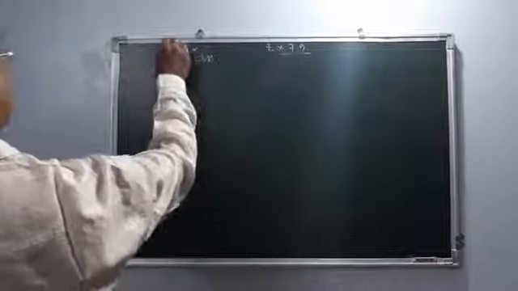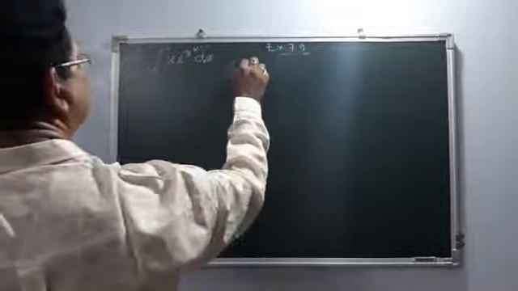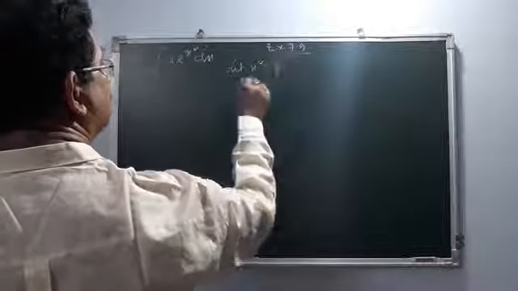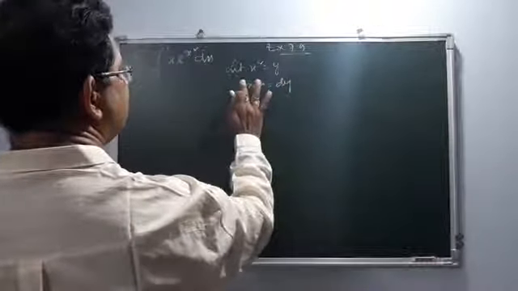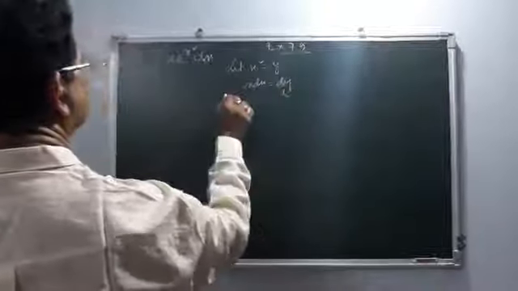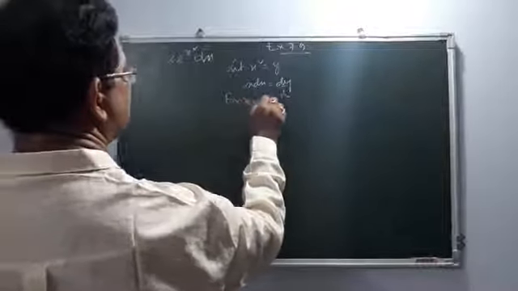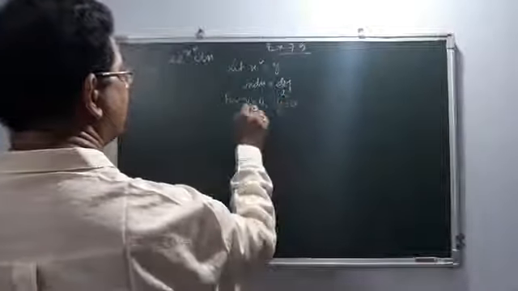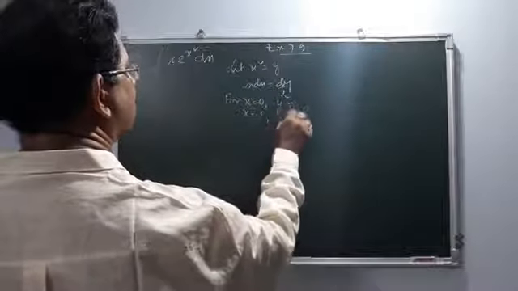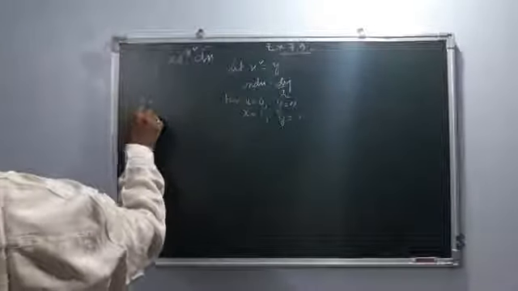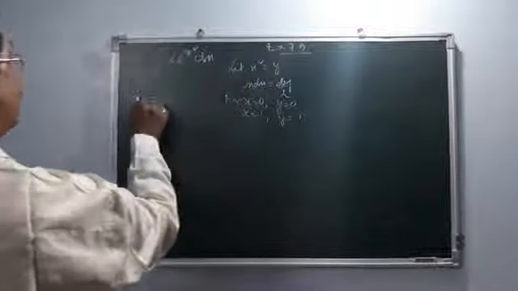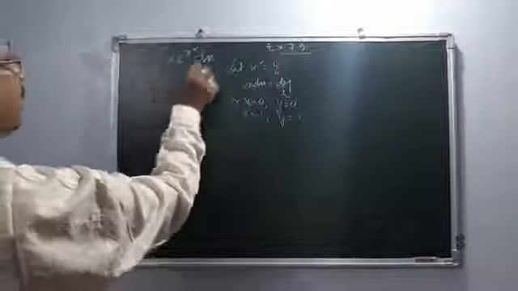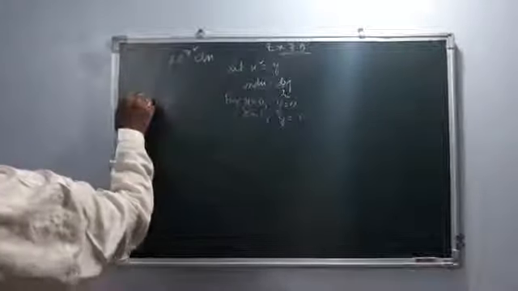The integral from 0 to 1. Here also, let x square be y, then 2x dx will be dy, so x dx will be dy by 2. For x equal to 0, y is also 0. For x equal to 1, y is also 1. So we get 0 to 1, and x square is y, so it will be e to the power y, with x dx as dy by 2, that is half.